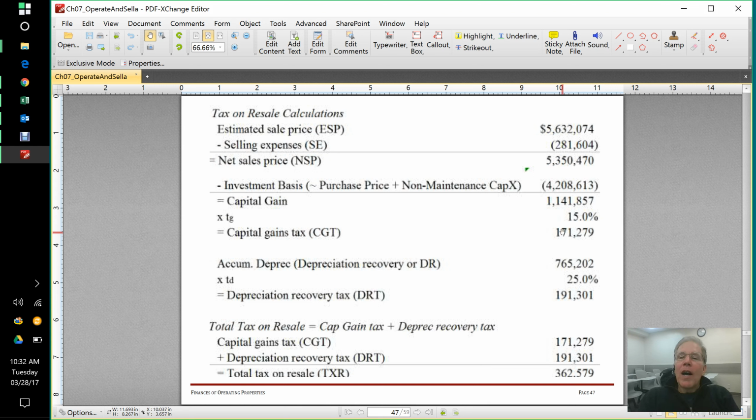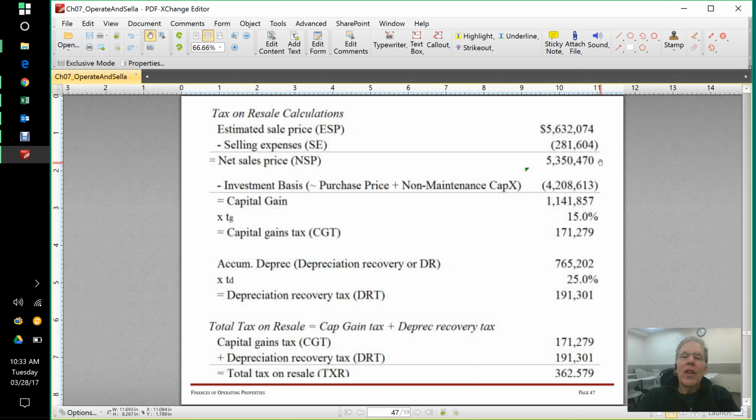Right now, for wealthy folks who hold on to an investment for more than a year, the capital gains tax is 15%. So we'll work our way down to that. All right, so first let's get the capital gain. The IRS allows you to subtract brokers' commissions from your gross sales price to get what they call net sales price.